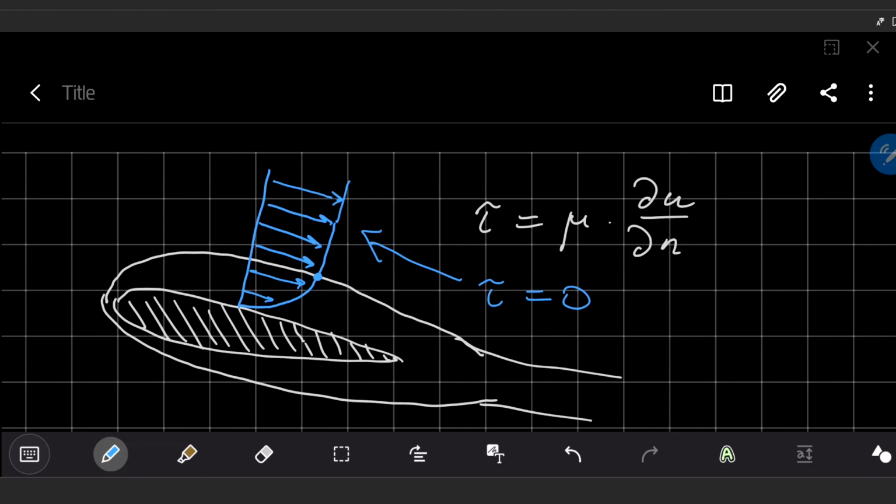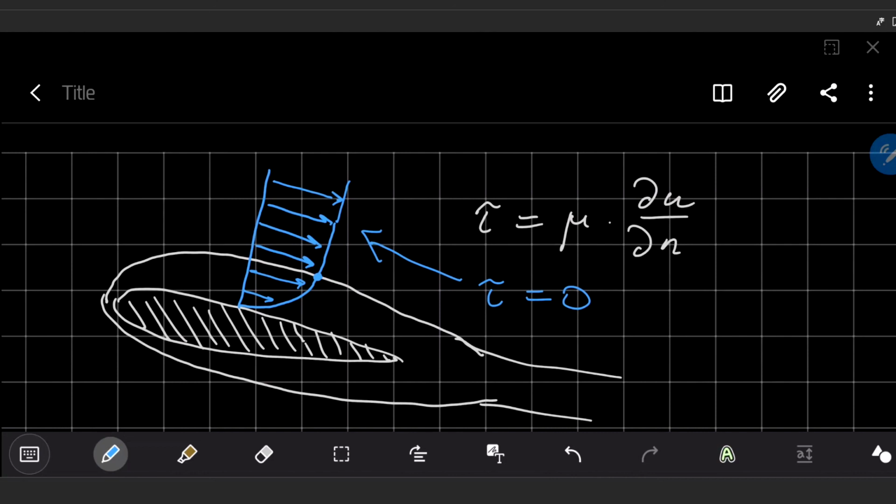So all these forces and the works and energies of the viscous flow are equal to 0 basically. Okay. So this is why we consider the flow outside of the boundary layer as inviscid fluid. And only inside the boundary layer, since we have the value of gradient, we consider it viscous.